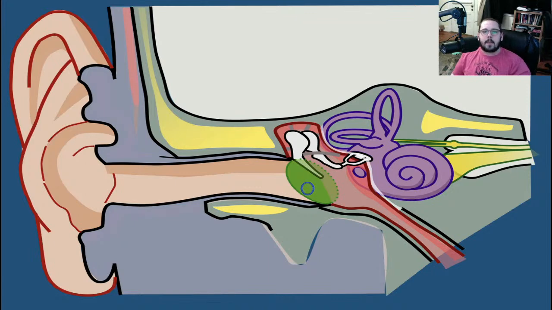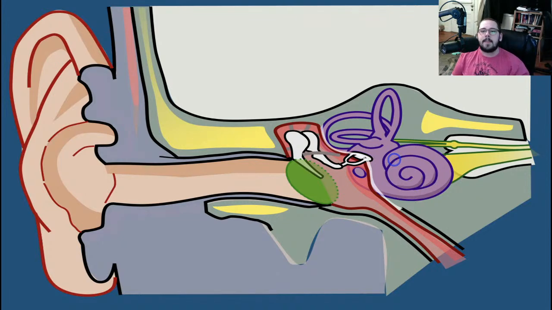All right, and then connected to that is a series of bones in the middle ear here. And these bones are, again, picking up those vibrations and funneling them to a very specific little organ here in the inner ear, this snail-looking guy. All right, and this is called the cochlea.